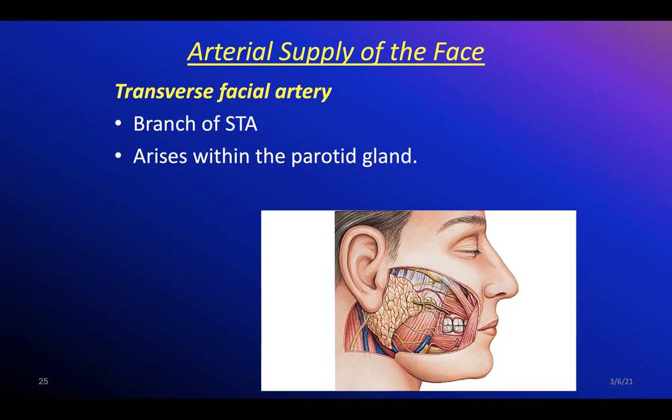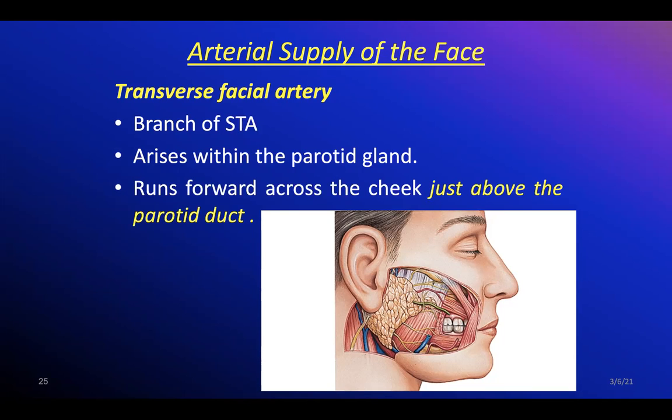The transverse facial artery, a branch of the superficial temporal artery, arises within the parotid gland and runs forward across the cheek just above the parotid duct, as shown in the picture.